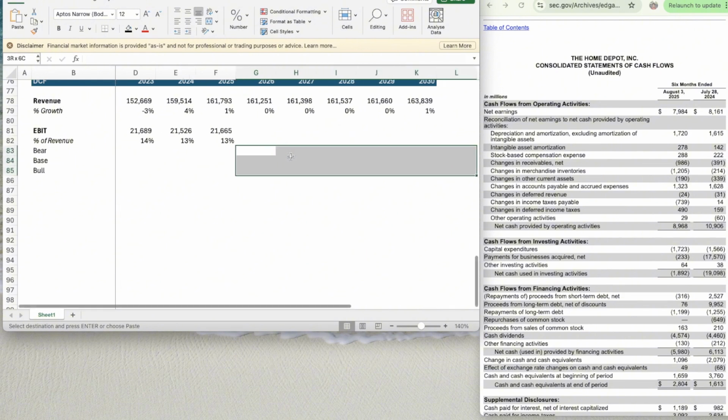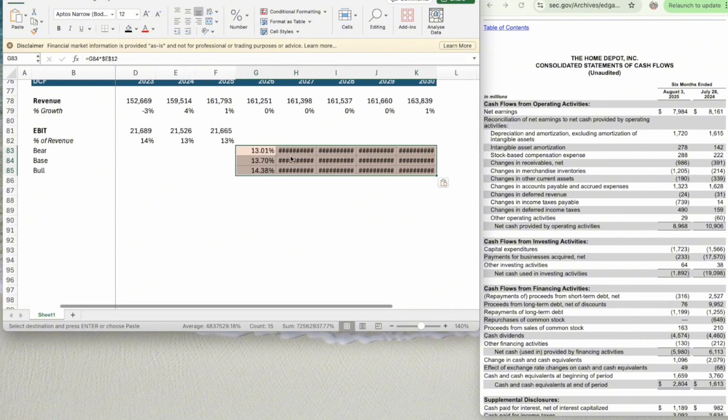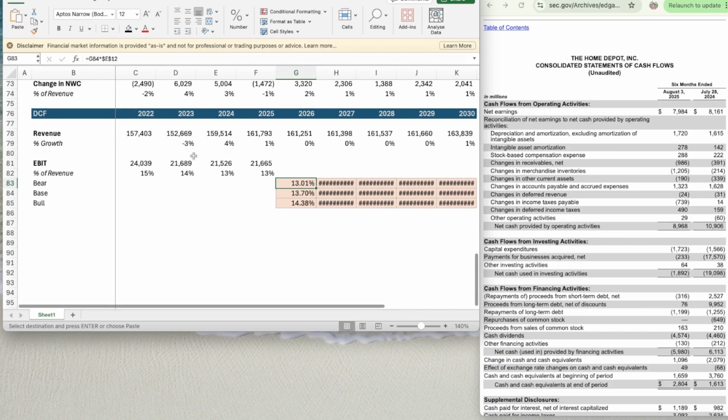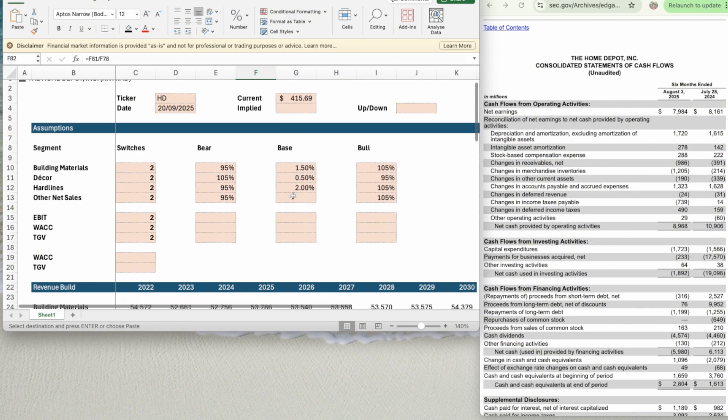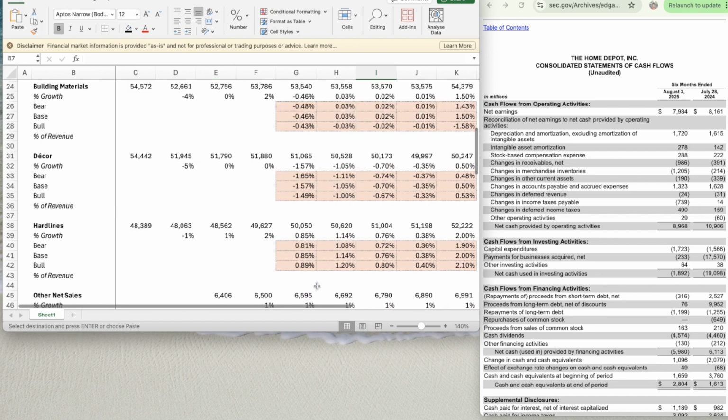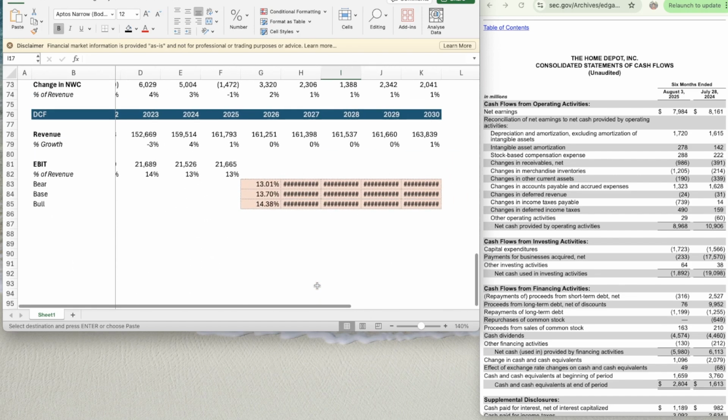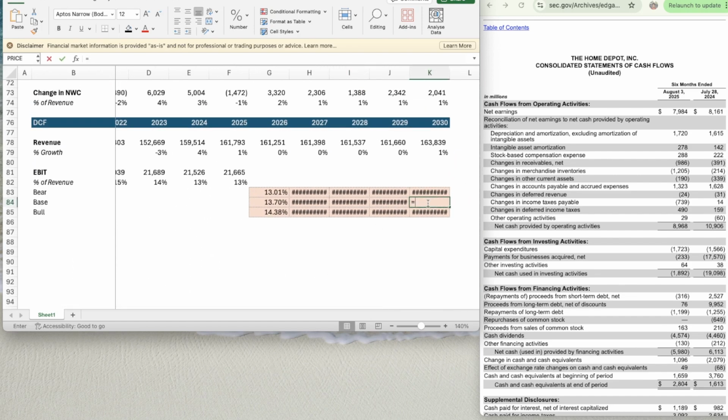Put them here, come to 2030, and then we have to put in a... the margin is trending downwards. Let's go with 14%. I can't remember what the thing was. G.